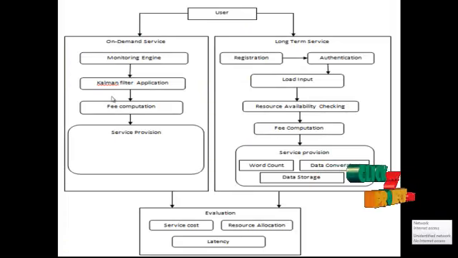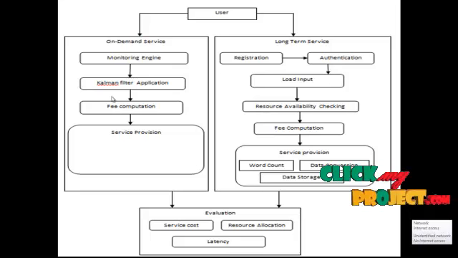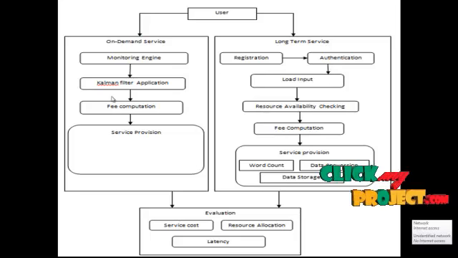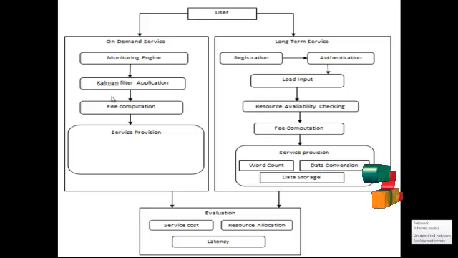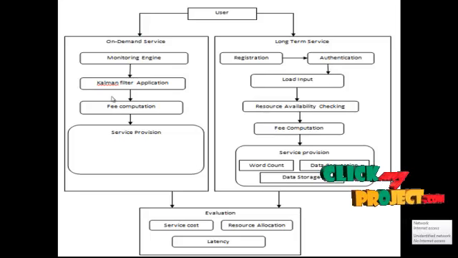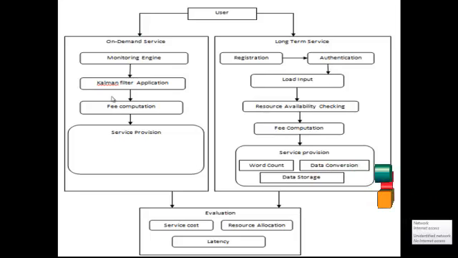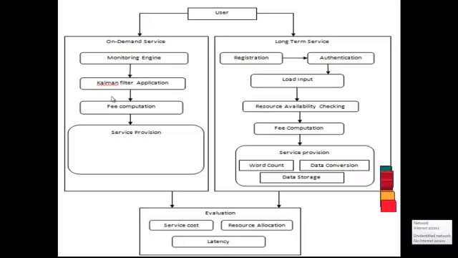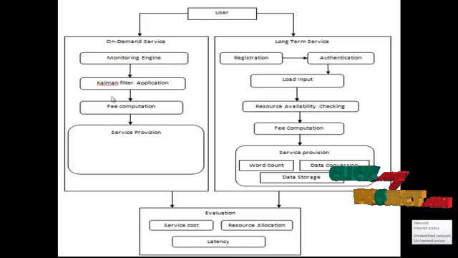In this process, the user can provide two kinds of requests: one for on-demand services, another for long-term reservation. For on-demand services, no special registration is required. The services will be monitored by the monitor engine, and the Kalman filter approach will avoid unwanted virtual machine selection, and we compute the fee for the user's requested service based on the requested size.